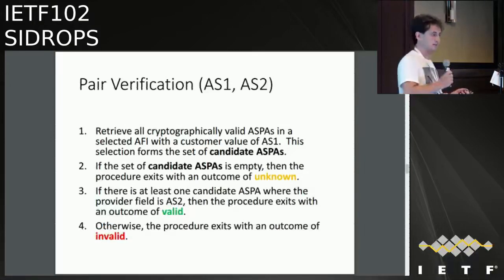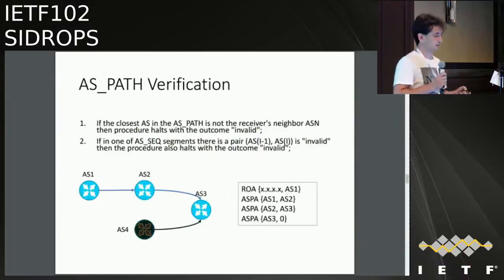If there are overlaps, it returns valid. If there are no overlaps, it returns invalid. And if there are invalid pairs in the AS path, it was leaked or malformed, and we don't really care. So here is an example of how it works.